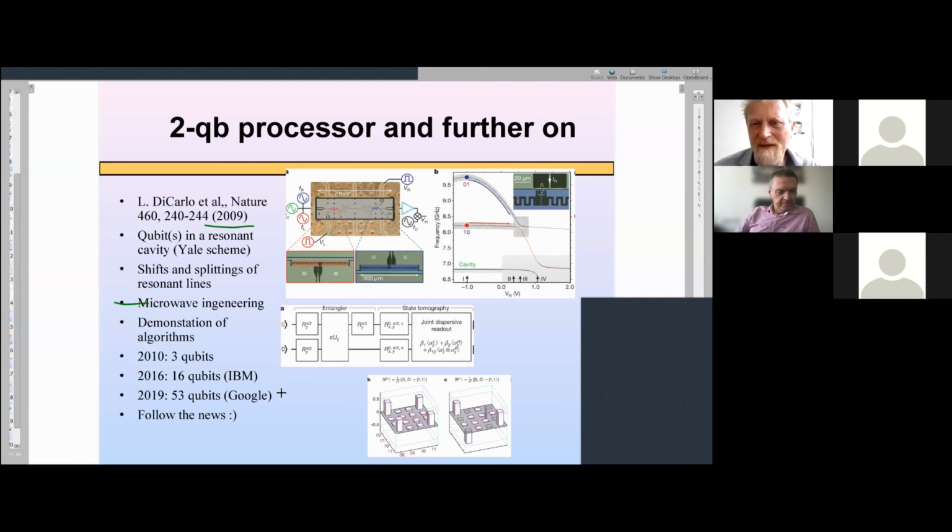The number of qubits is not already what you read in scientific papers. It's something which you read in news, fortunately or unfortunately. And the scientific information is either top secret or is so much applied that it doesn't make much sense for a physicist.